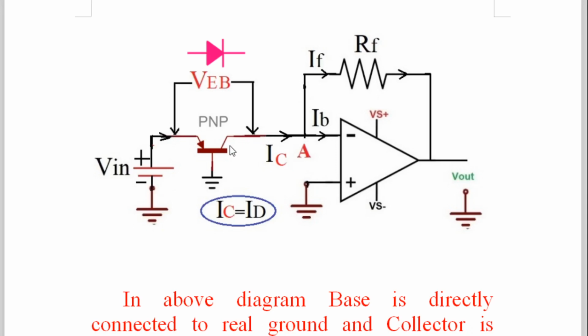Therefore, see here, the collector comes to the virtual ground and the base is directly grounded, so the collector to base junction becomes a short circuit, and the emitter to base junction is active now. This emitter is p-type material, and the base is n-type material.